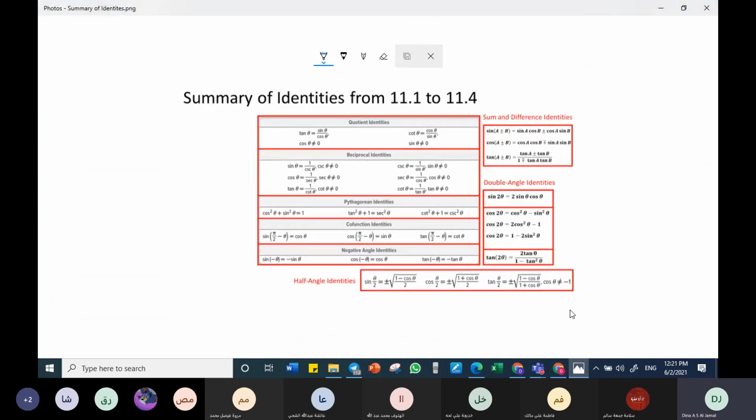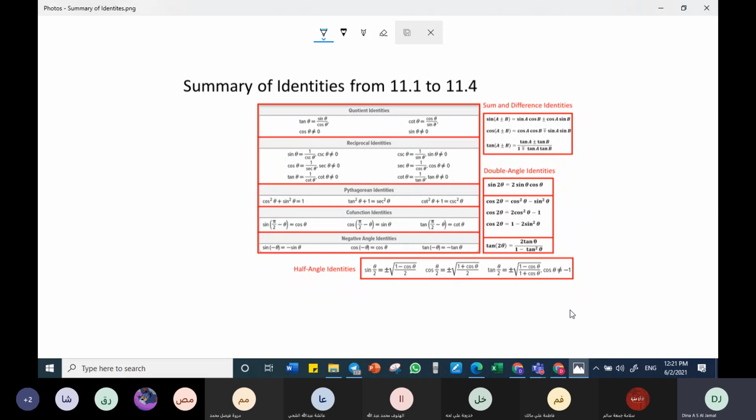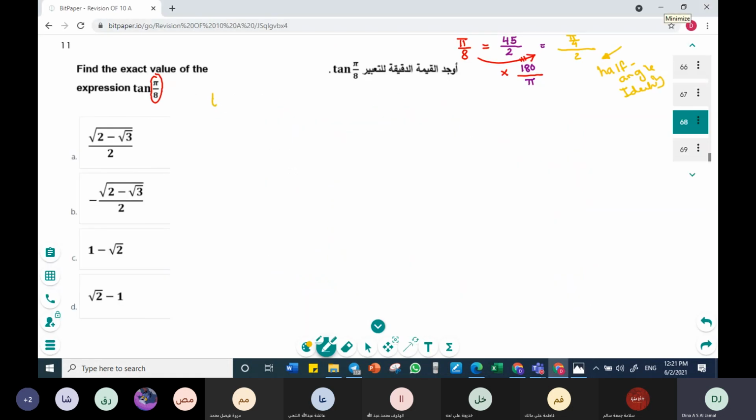So let's revise together. What is the half angle identity for tan? So tan theta over 2 is equal plus and minus square root of 1 minus cosine theta over 1 plus cosine theta.